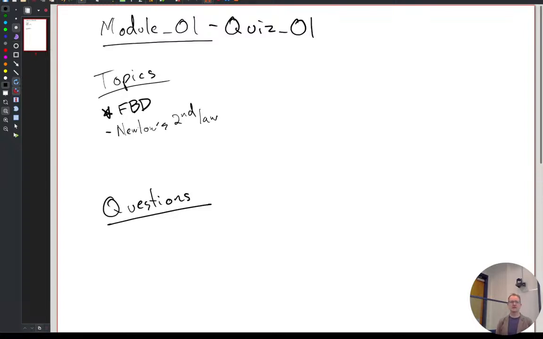Yeah, we derive equations of velocity and motion from them. Yeah, so we were trying to figure out position and velocity based on Newton's second law.